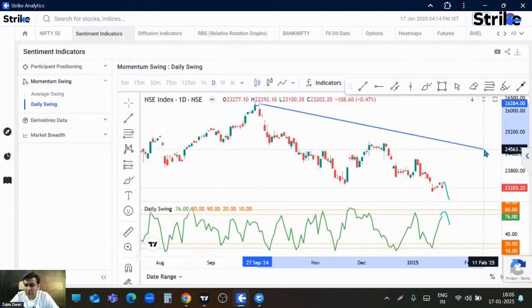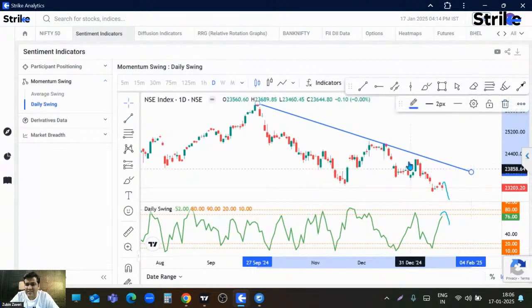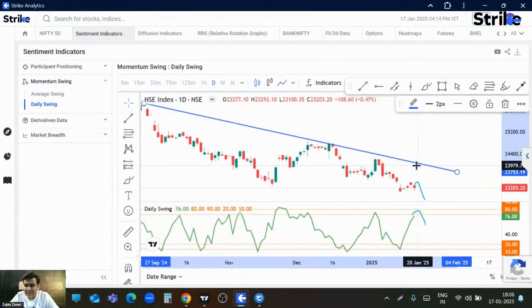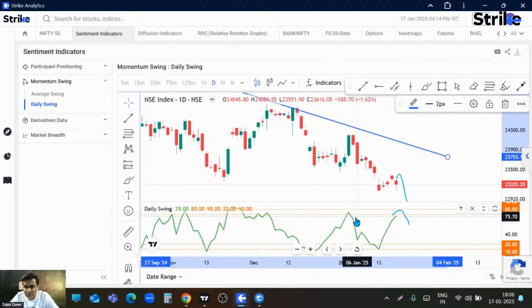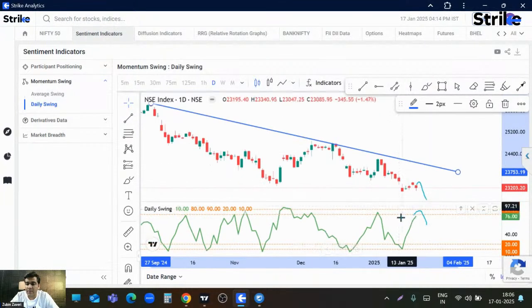It was below the resistance previously, and after this green candle, when the daily swing indicator turned negative, we saw some big red candles coming in over here. So something like this could happen once again, because the daily swing is in the overbought territory. It's still climbing, so maybe on Monday we can see a little bit of bullish bias, but then we have to understand what's happening next.